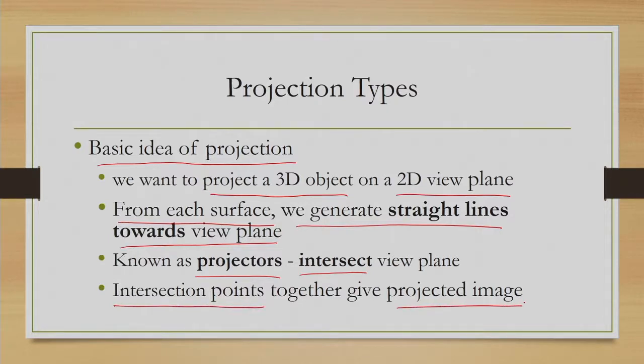So, essentially how do we generate the projection? We generate projectors that are straight lines originating from the surface points in the original scene, and these lines go towards the view plane, intersect it, and these intersection points taken together give us the projected image.